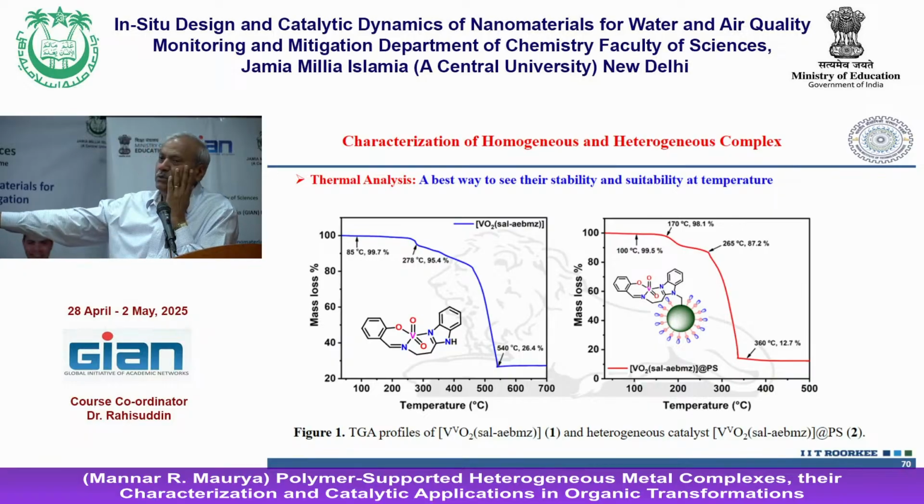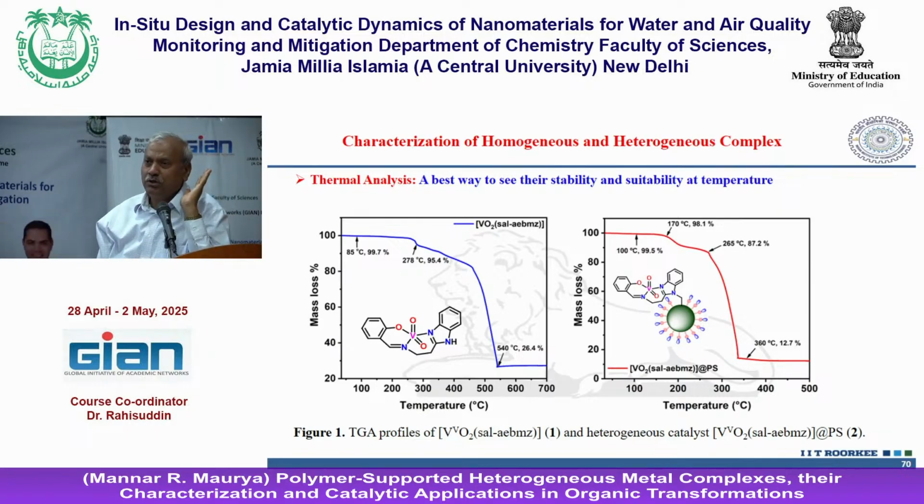You will see that it is very stable. That means metal oxide has formed, because with a polymer, 100% has to go out. So from whatever metal oxide remains, you can have an estimation of metal content, as well as through ICP-MS you can have the metal content. Through FESEM elemental mapping you can have a metal content estimation, and you can compare all three and should get all three almost the same.